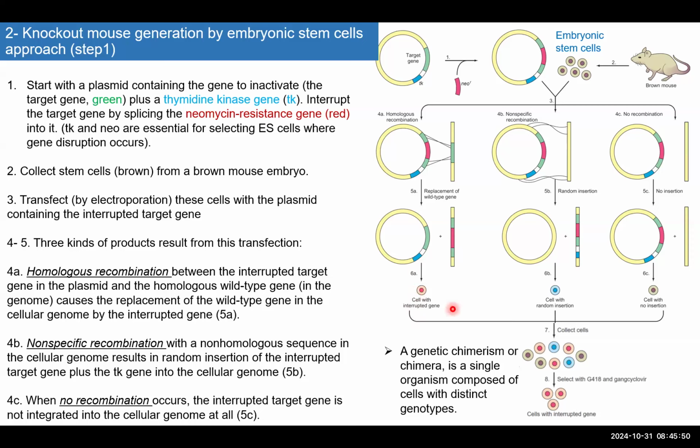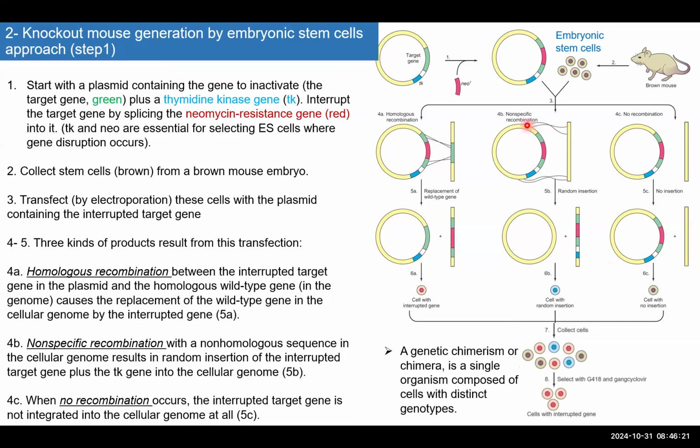And this is the recombination we are looking for. The recombination replaced part of the green gene on the genome with the part that we want to modify. Great, those cells are resistant to neomycin and they will not be sensitive to the thymidine kinase drug.